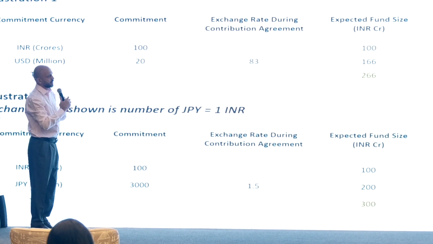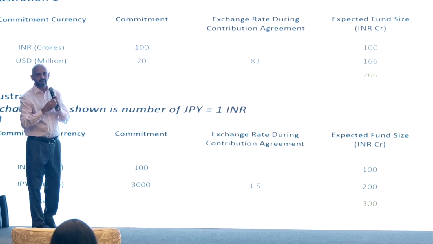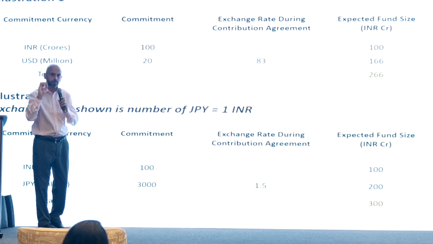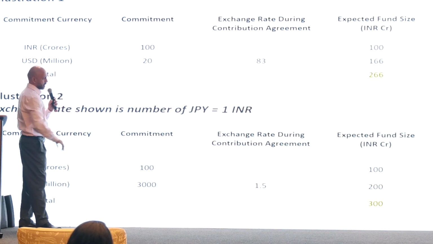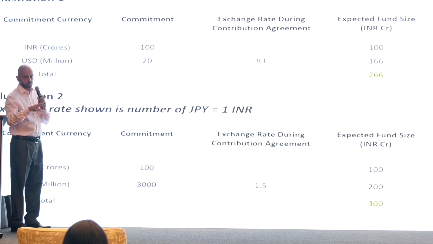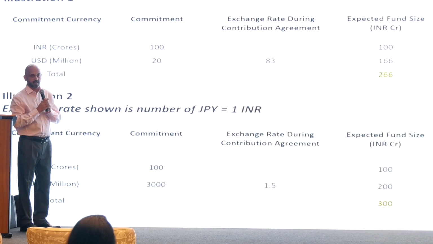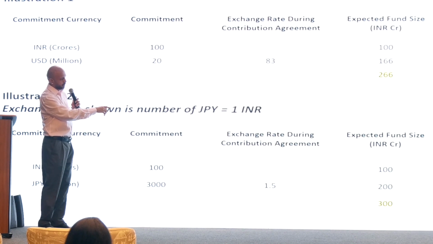moves to 88. What you would have seen is a modest increase in the final fund size, going from 266 to 276, and this is purely because the committed USD amount translates into a higher INR amount due to the exchange rate moving. Similarly, the picture at the bottom, the story goes the other way. Now, we've taken Japanese yen here, and in fact, these numbers are real, they are not hypothetical.